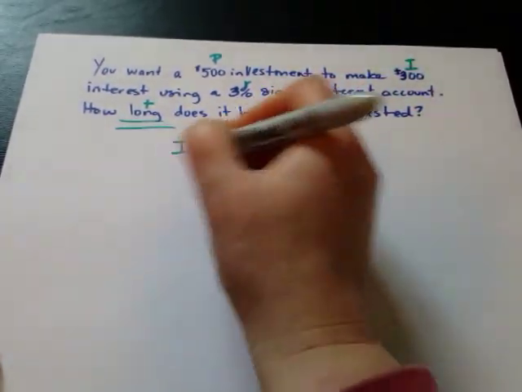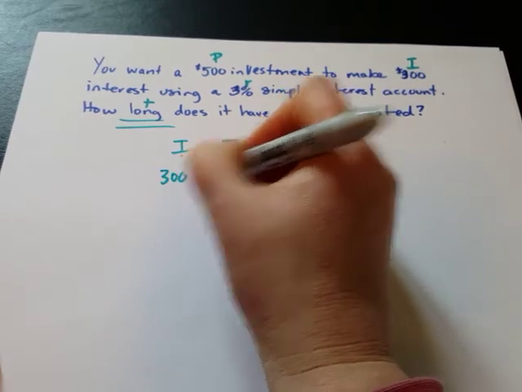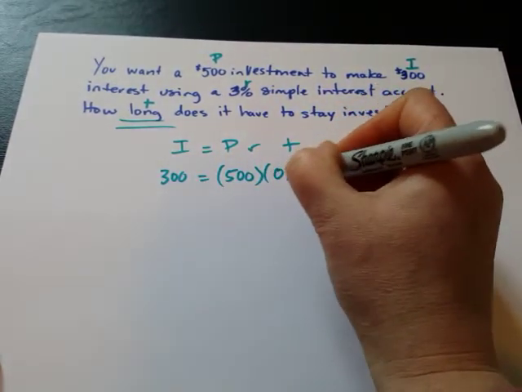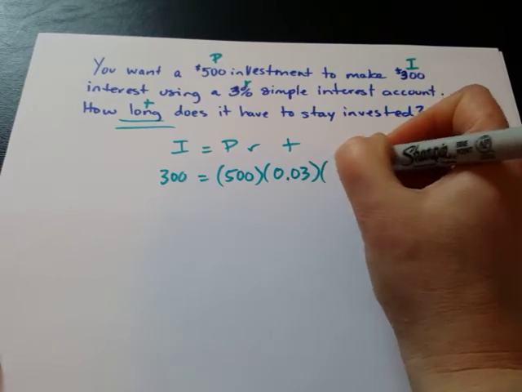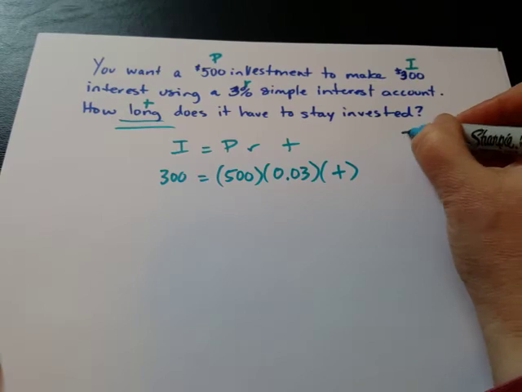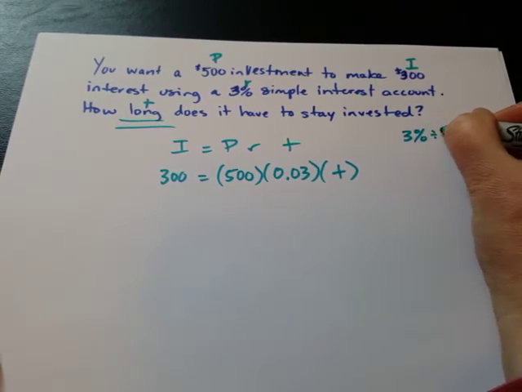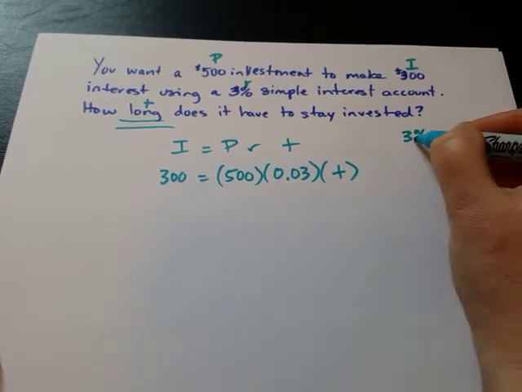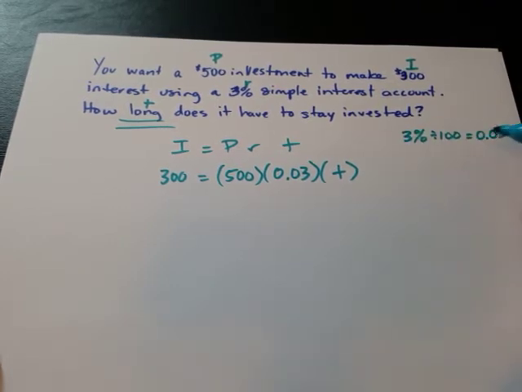So let's substitute in what we know. The 0.03, where does that come from? We need to take that 3% and do a side calculation. Some of you know to move the decimal places 2 spots to the left.